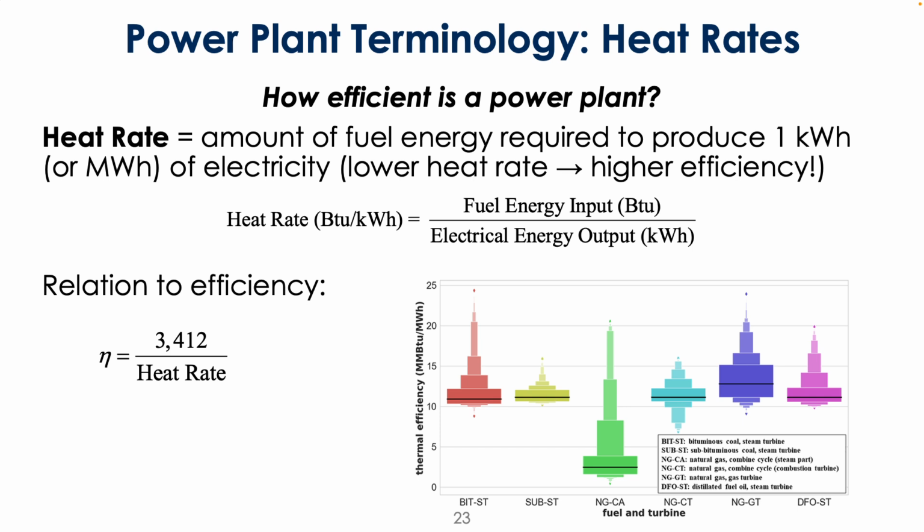And so you could translate this into an efficiency number by taking the inverse, and then the 3,412 is the relationship between BTUs and kWh. Where does the 3,412 come from?